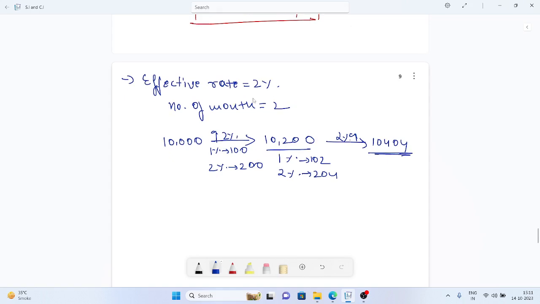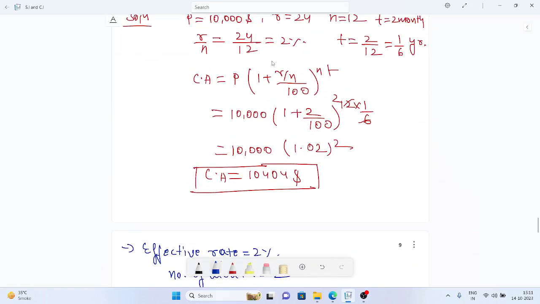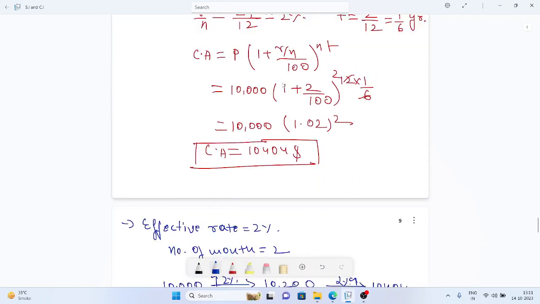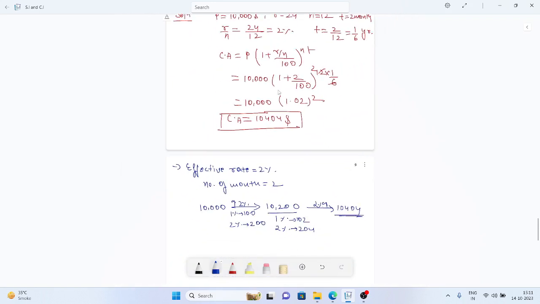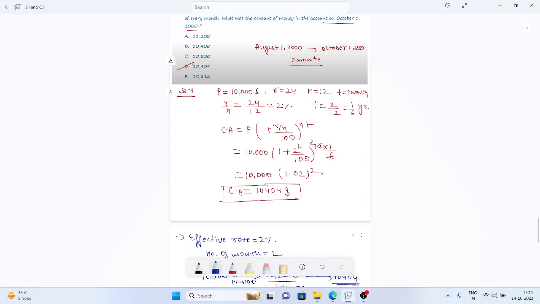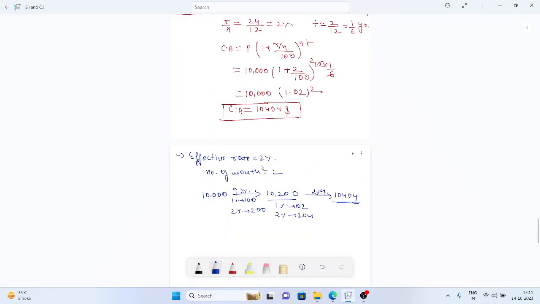Otherwise you use the formula and get the answer. So note down this. This is all about simple interest and compound interest. First you note down this, then we again see some questions for this.